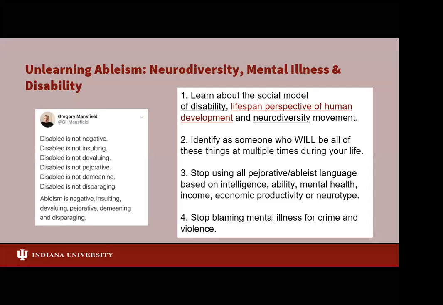Okay, now we're going to talk about unlearning ableism, neurodiversity, mental illness, and disability. So these have to do with identity, right? Now we're talking about how you identify. Do you identify as maybe neurodiverse, but then you say, oh, but I'm not disabled. So I've actually known people who tried to identify as just one of these categories and not the others.